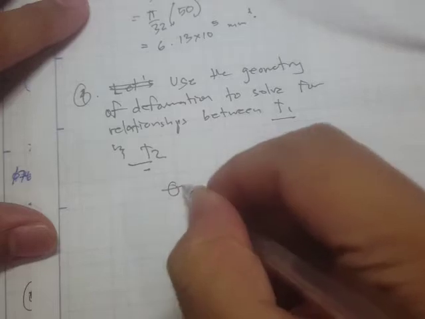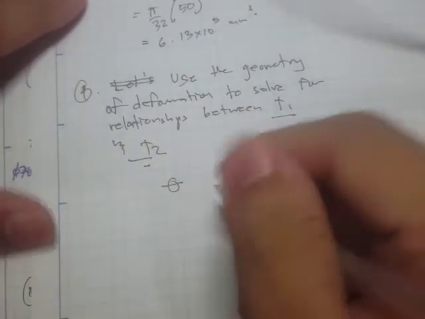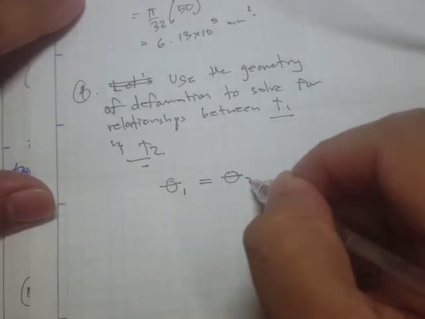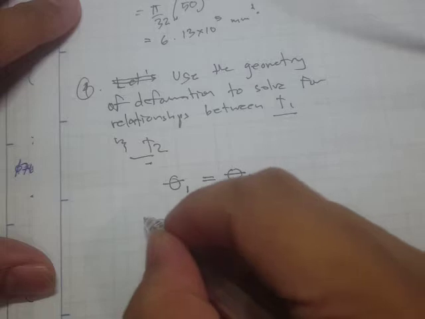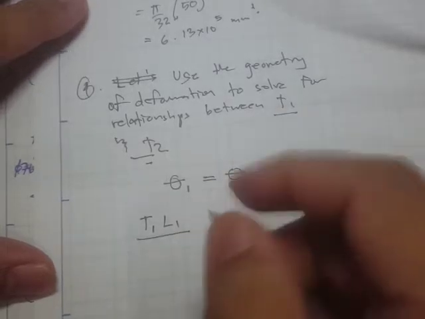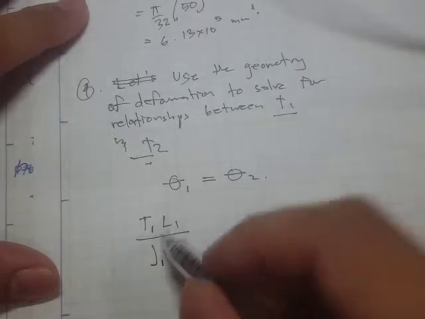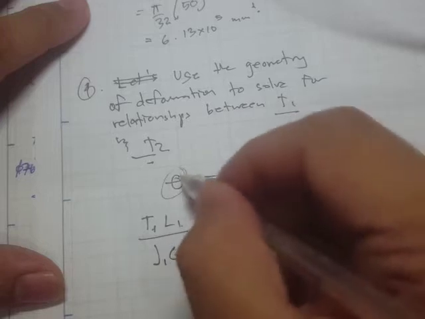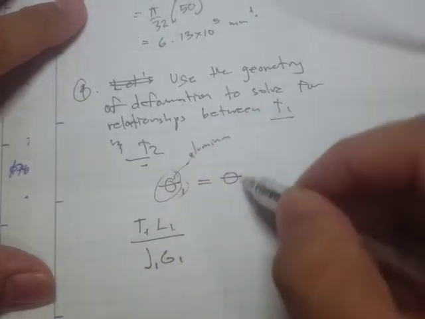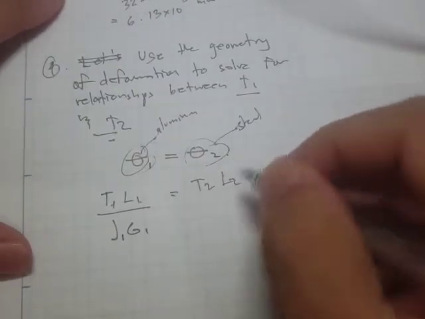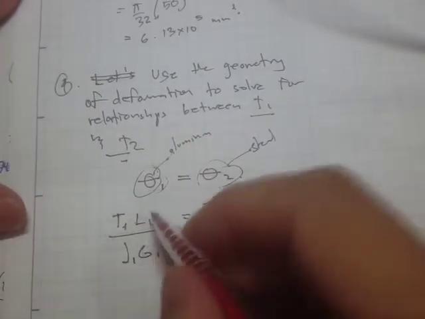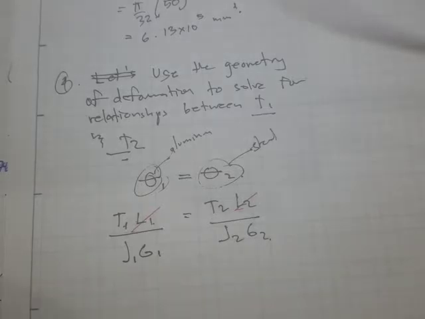Recall that our compatibility equation is that the angle of twist at 1 is equal to the angle of twist at 2, and the equation for this is T1 L1 all over JG. It's important to write the subscript because this is for aluminum, and this one is for steel. So T sub 2, L sub 2, J sub 2, and G sub 2. Except that for the length, they have the same length, so we can just cancel that out.